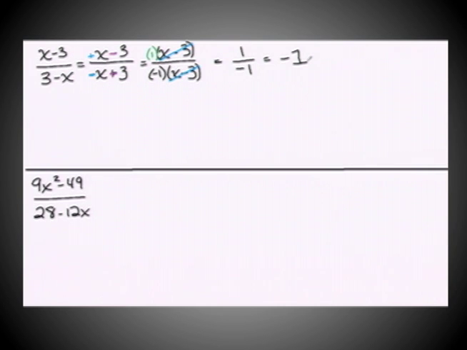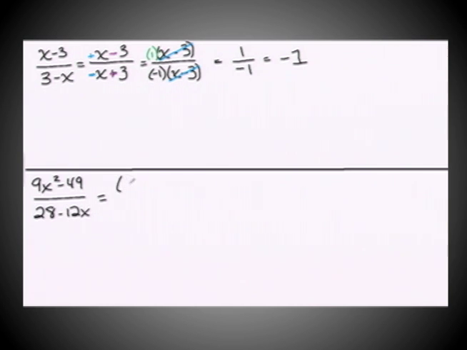Moving to the next example, it's a little more complex, so I thought it would be a good idea to take a look at it. A few more steps involved with this one because we actually have to do some factoring before we can begin dividing out that negative 1 as well as dividing out common factors. So hopefully you notice that the binomial in the numerator represents a difference of squares.